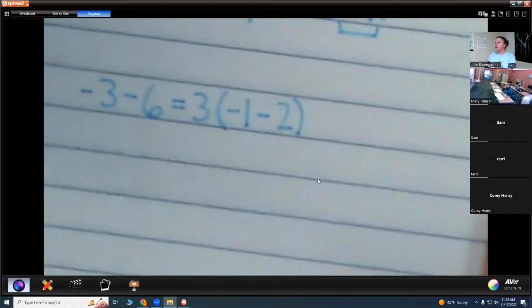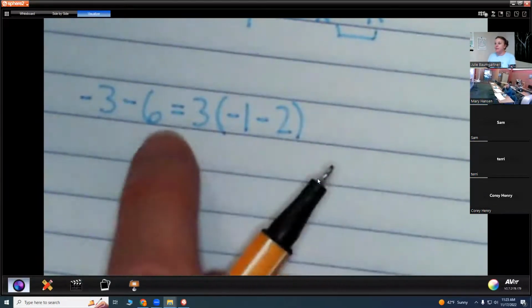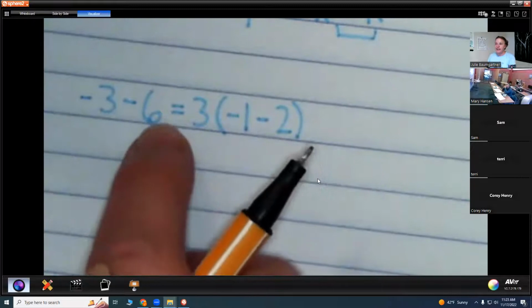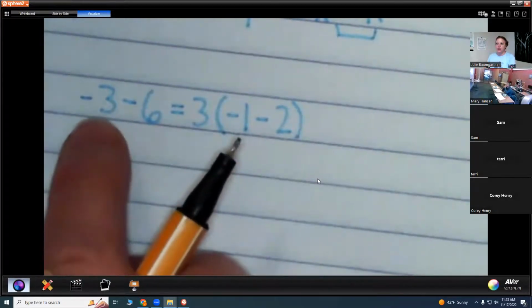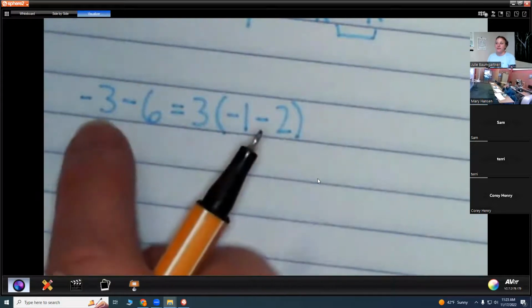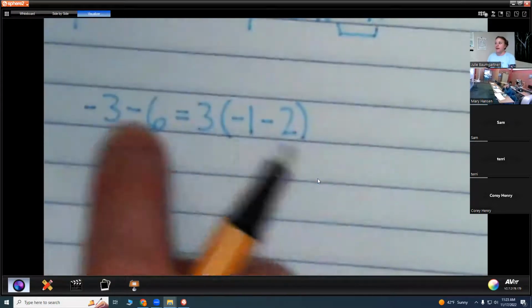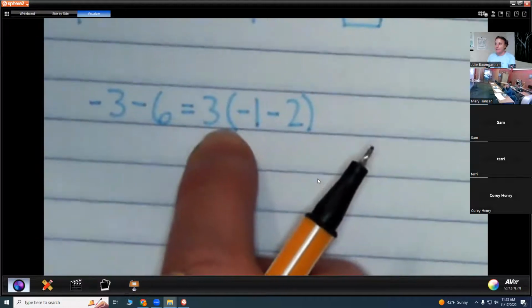Does everyone see what I did here? So this is point B still, at 2, 6. And then I took my point A, -1 and -3, and put those in for my X and Y. And here's my slope. Sorry, let me write this down.